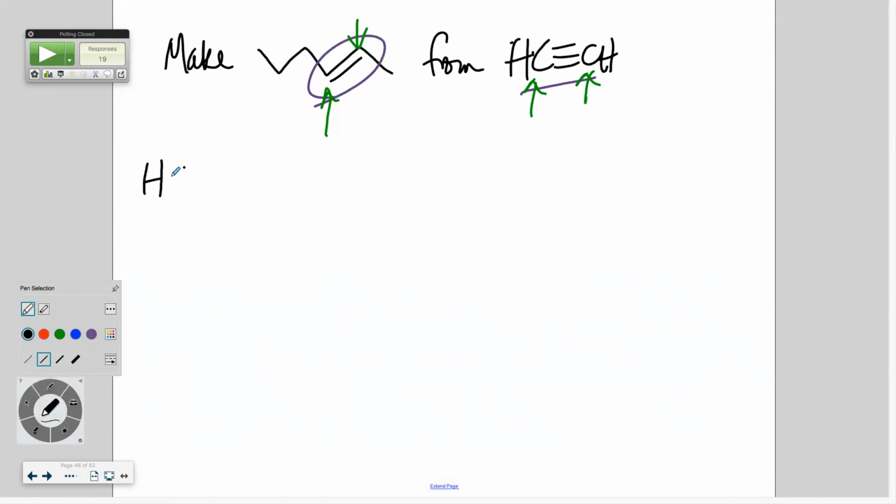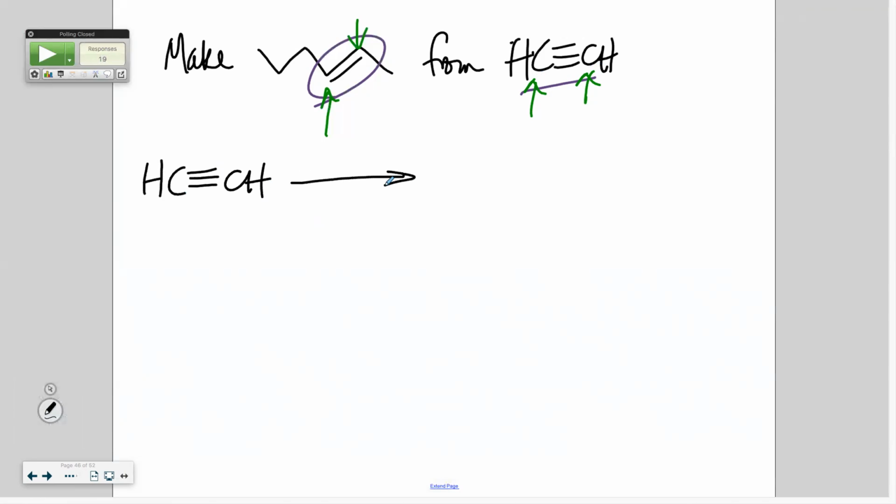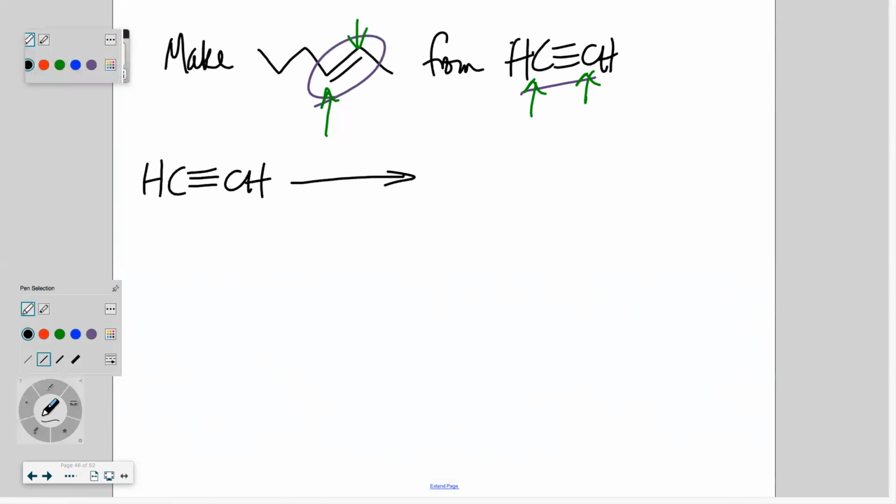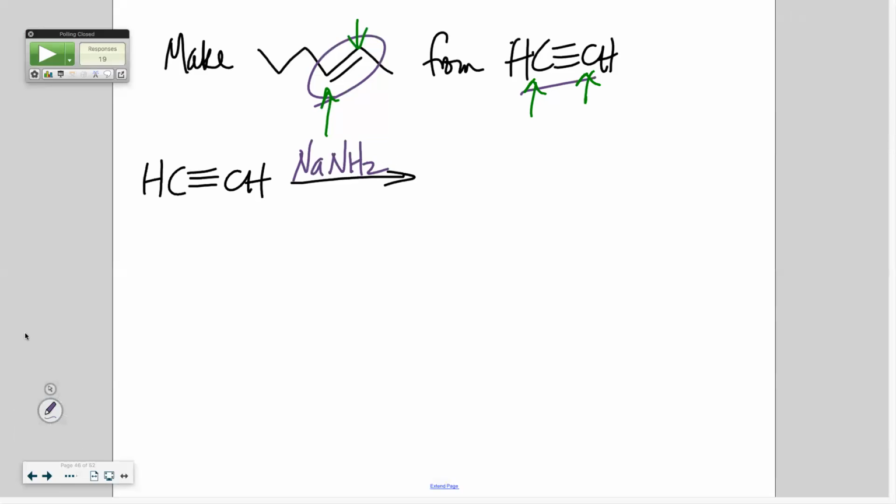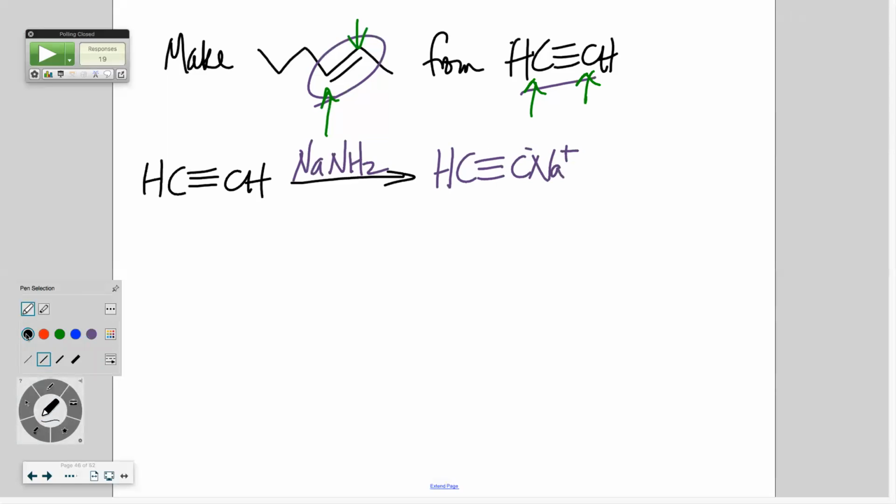Here we go. Here's what we're starting with. Acetylene. What are we going to add? NaNH2. Okay, that's going to give us sodium acetylide. Okay, then what do you want to add? Pick something.